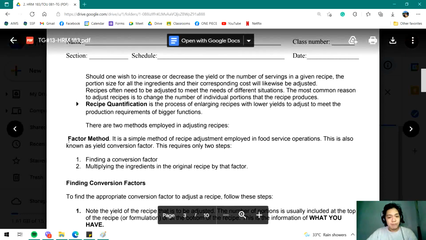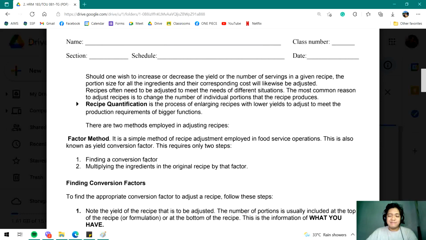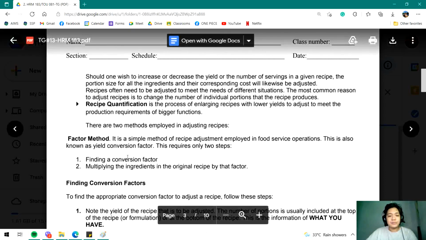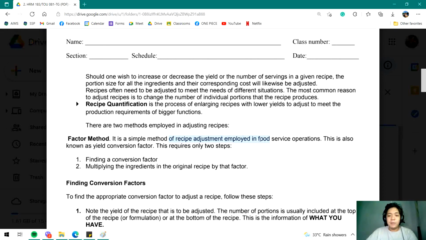We have here the factor method, the first one. If I'll be honest with you, factor method is the easiest and most direct na pwede ninyong gawin for quantifying your recipes. So, it is a simple method of recipe adjustment employed in food service operation.